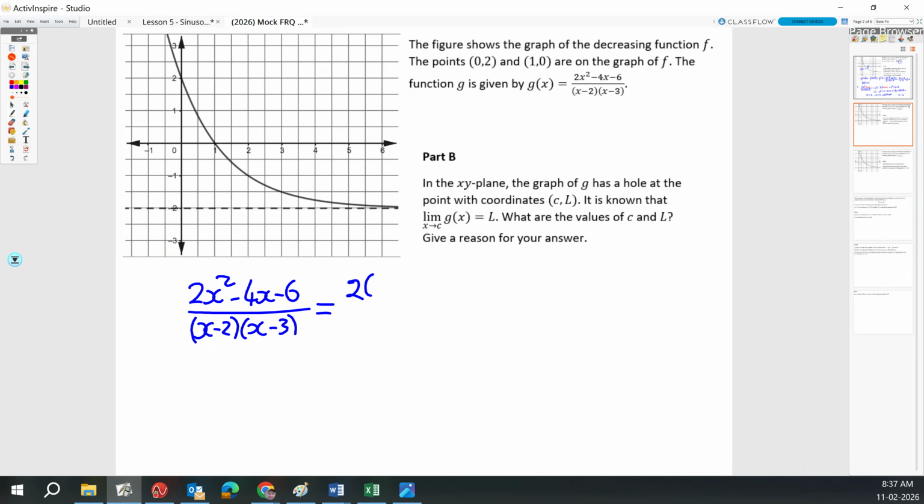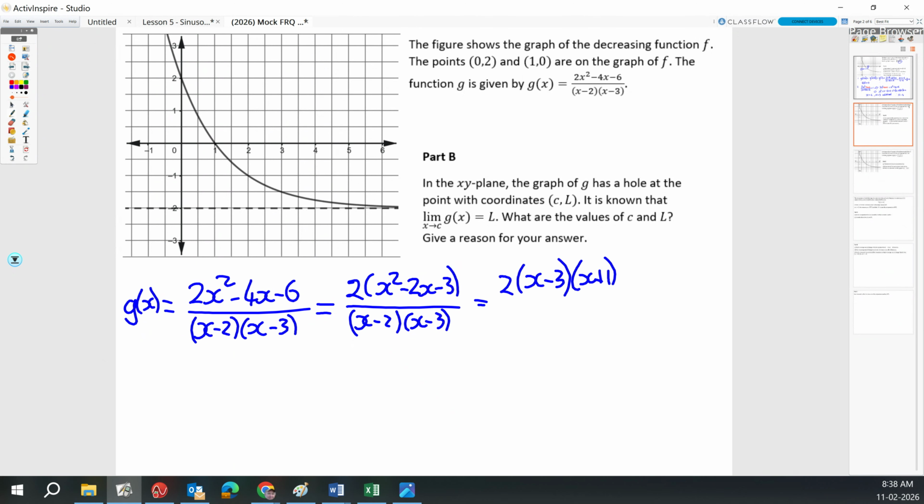If we factor the numerator, we can take out a 2, we'll get x squared minus 2x minus 3 over x minus 2, x minus 3. Then factoring again on the top, we get x minus 3, x plus 1. And here I'll just line these two up, we get x minus 3, x minus 2.